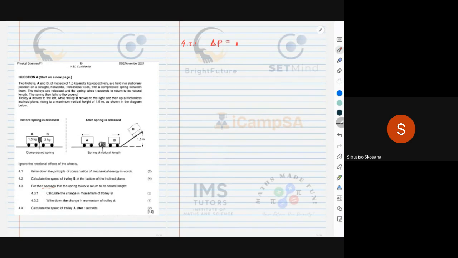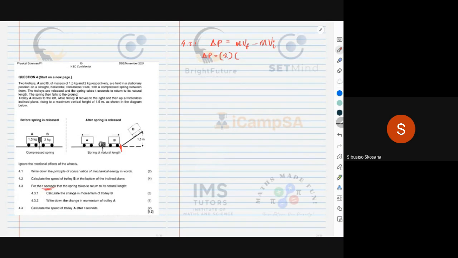We know that MVF minus MVI. This is our change in momentum. You should know the formula. We want trolley B, which is 2 kg. So now we can say equals to 2 kg times the final velocity, which is the velocity at this point. This is for the t seconds.